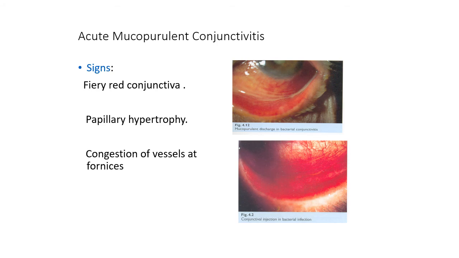Bleaching of conjunctival vessels can occur. Ciliary congestion is around the limbus. It is circumcorneal congestion. It is dusky red and you can't empty the vessels. These are the differences.